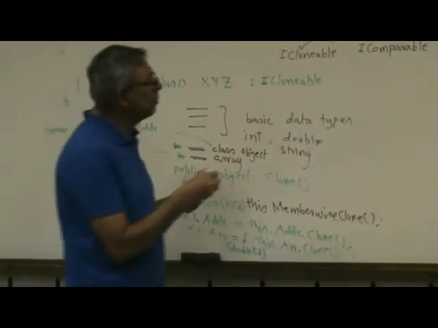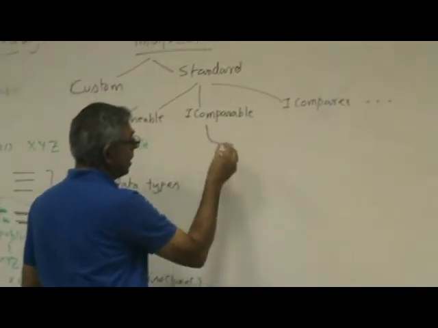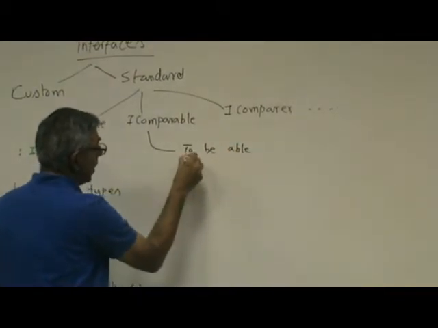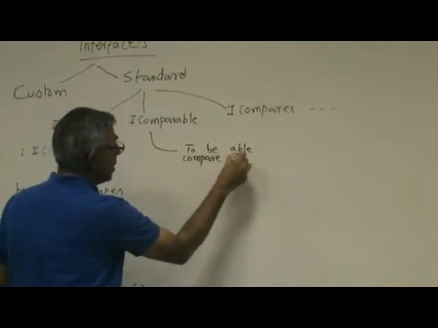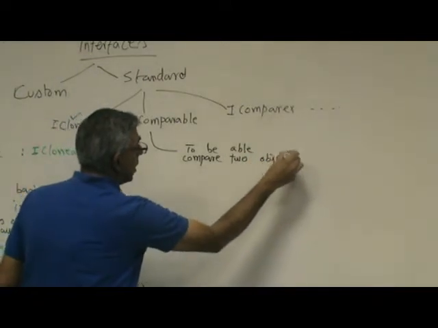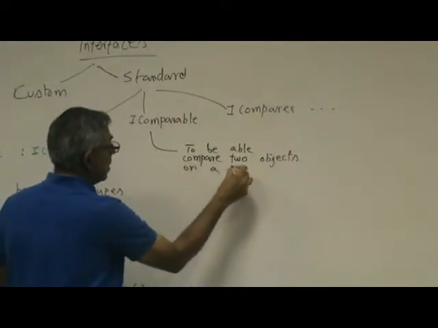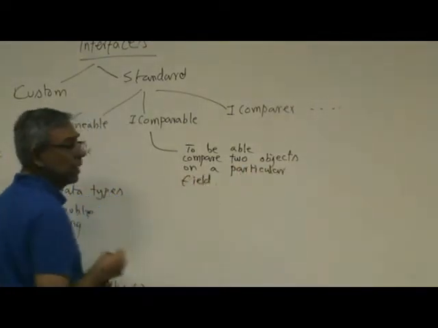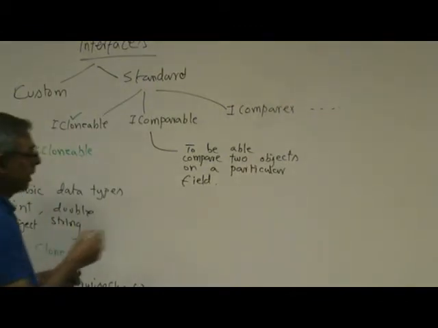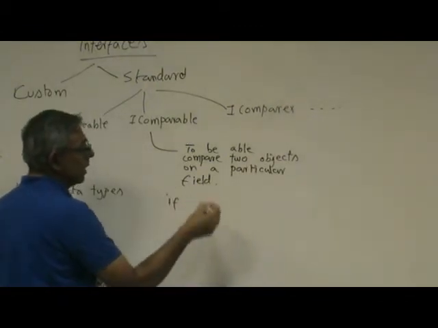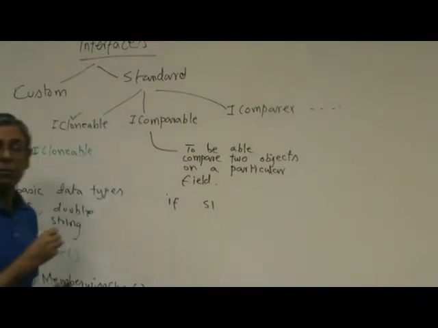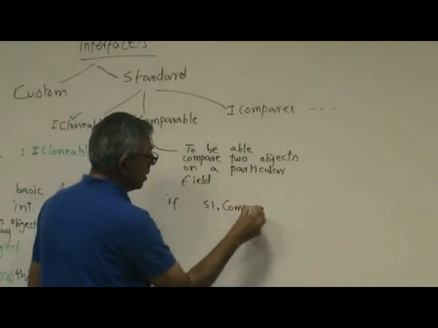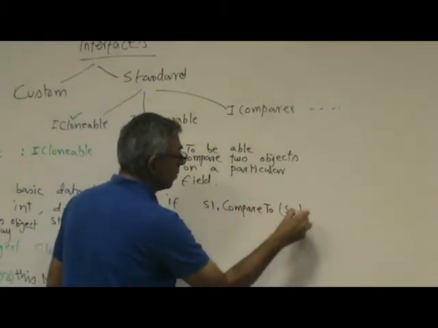Anyway, coming to IComparable, the purpose of the IComparable is to be able to compare two objects on a particular field. So for example, if you created a Student class, okay, and you wanted to do something like this, let's say S1 is an object of the Student class, and you wanted to be able to compare to S2, right?